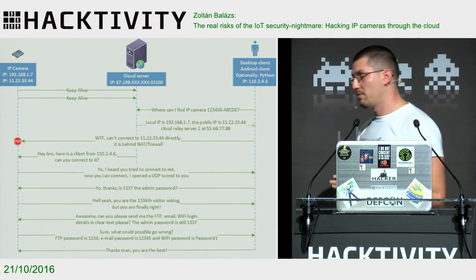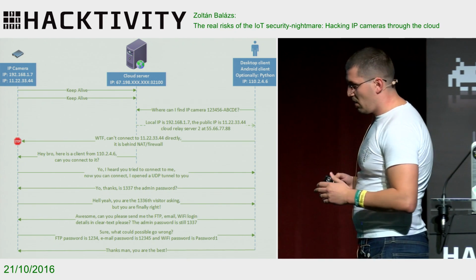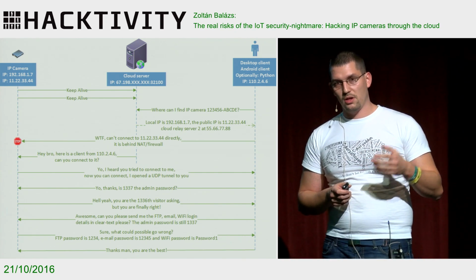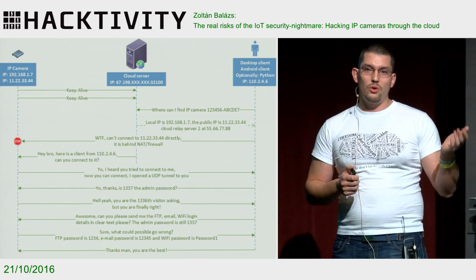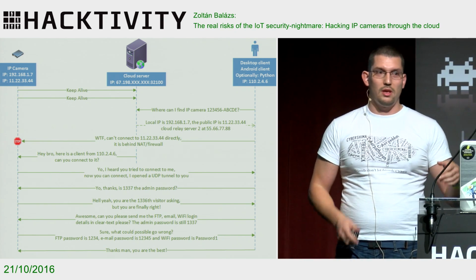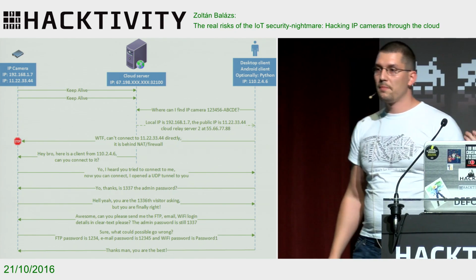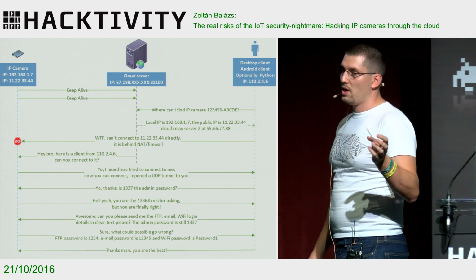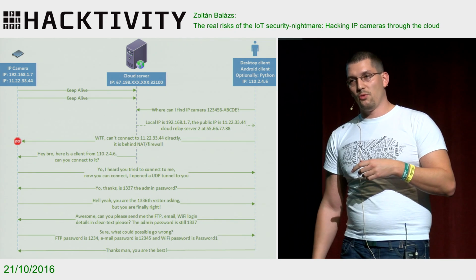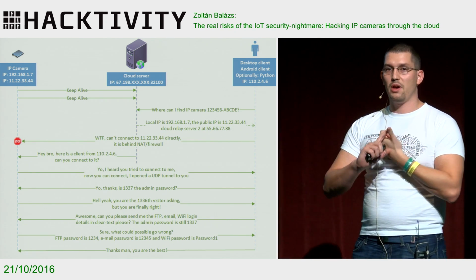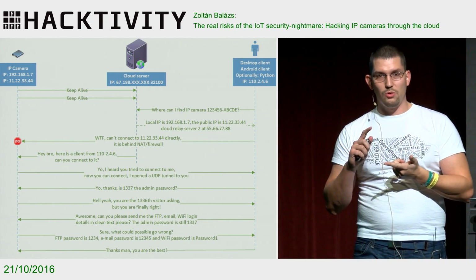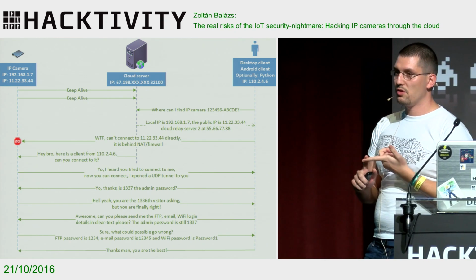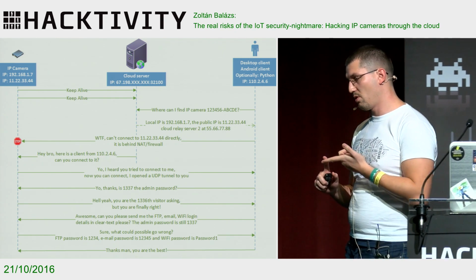But it gets worse, because the whole protocol is clear text. Whenever I start my mobile application and I authenticate to this camera, guess what? The camera will send the whole configuration to my mobile phone, which includes the Wi-Fi password, which includes my credentials to my email server, which is used for alerting.